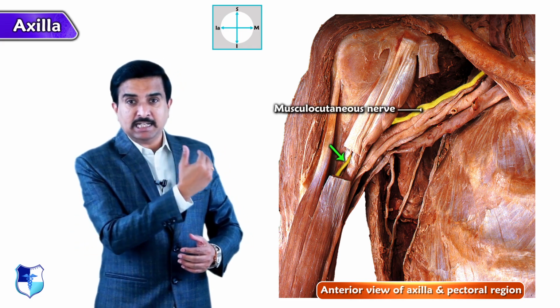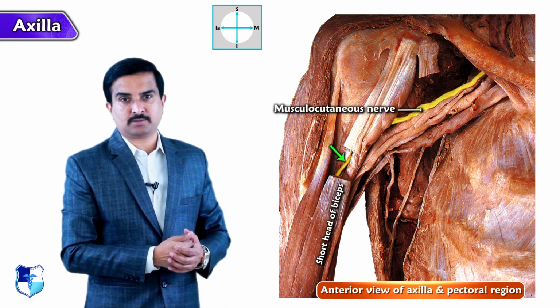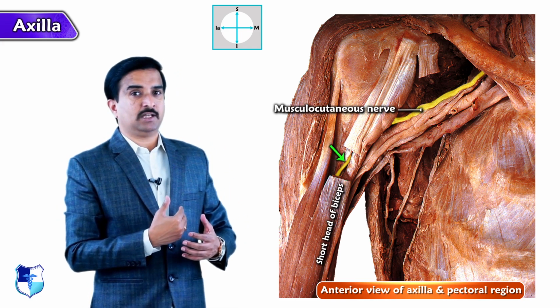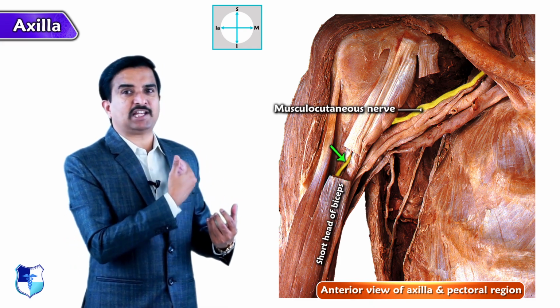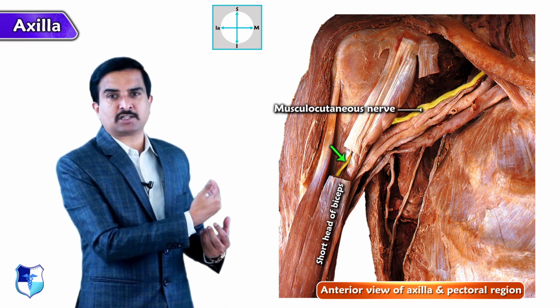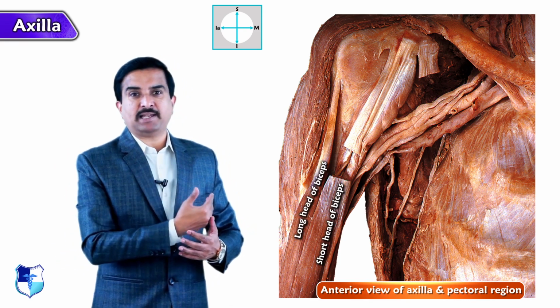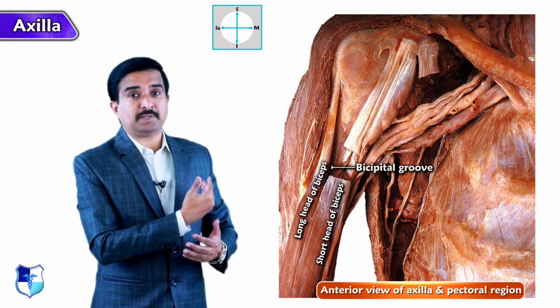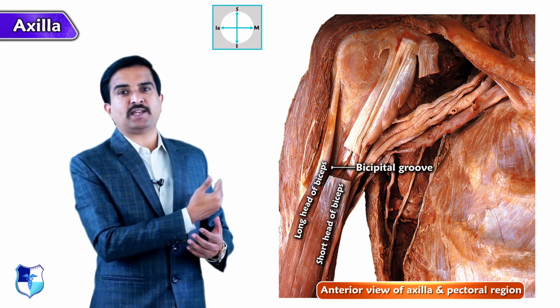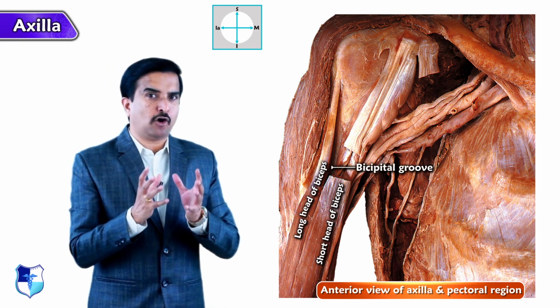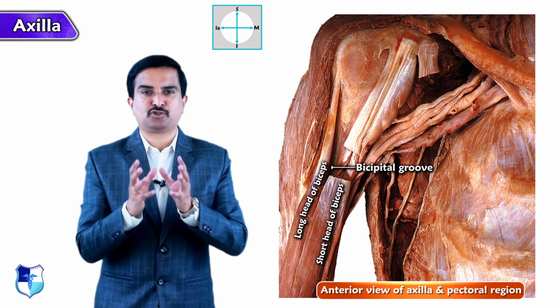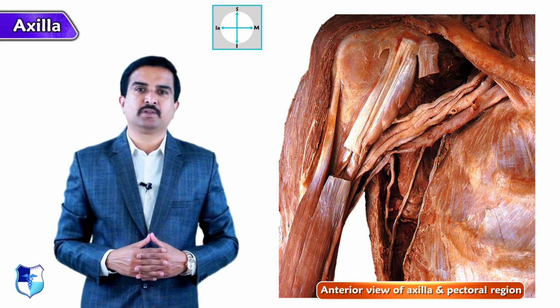It runs deep to the short head of the biceps. The short head is partially cut mainly to expose the musculocutaneous nerve. And the long head of the biceps lies in the bicipital groove, which joins with the short head to form the main biceps brachii muscle.